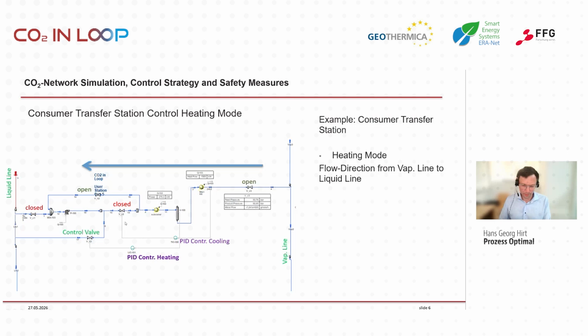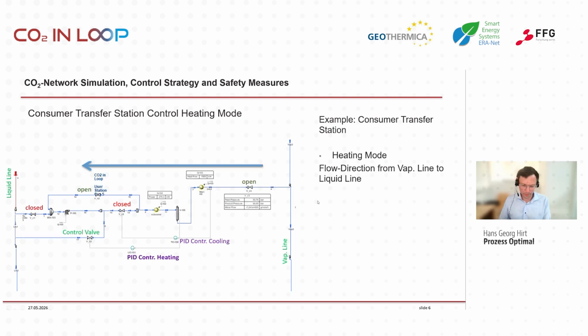So in the first direction, if the consumer transfer station is in heating mode, so you as consumer want to heat, you want to consume from the vapor line, you're opened and you're condensing CO2 on a heat exchanger, and on the outlet of the heat exchanger, a control valve is opened or closed depending on the demand, and giving the condensed CO2 back to the liquid line.